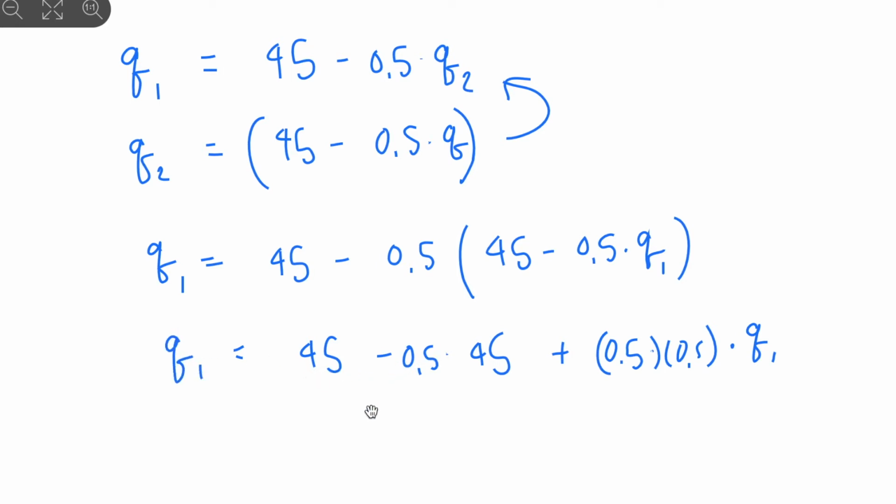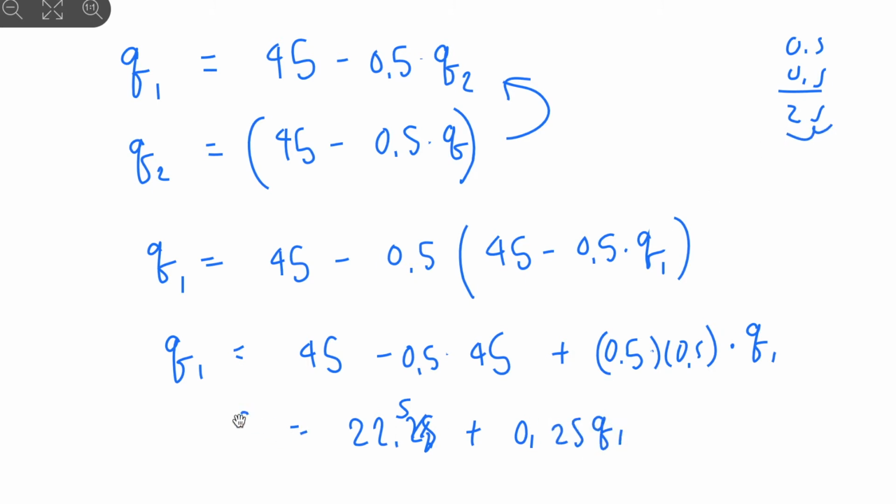So what do we have? 0.5 times 45 is 22.5. So we have 22.5 plus 0.25 Q1 equals Q1.